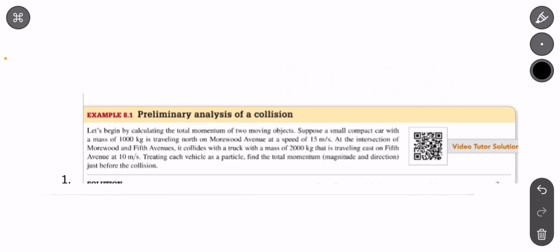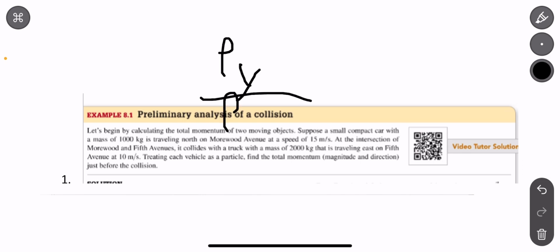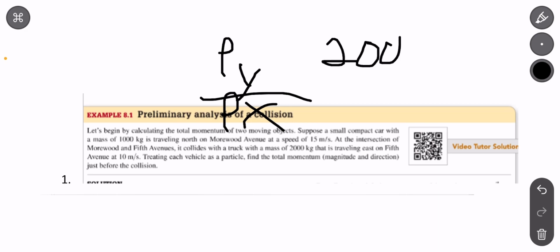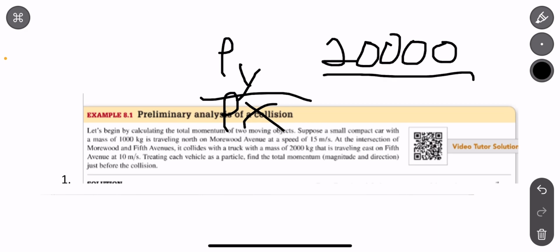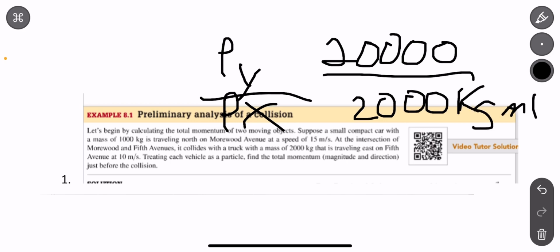Now we're not done yet. We can figure out the total momentum, and we can figure out the total angle as well. If we do Py over Px to figure out the exact location, that's going to turn into 20,000 over 2,000, and this is in kilograms meters per second, just to remind y'all.